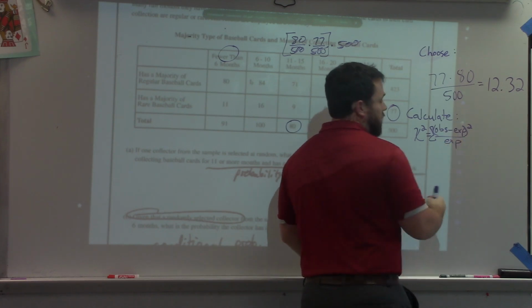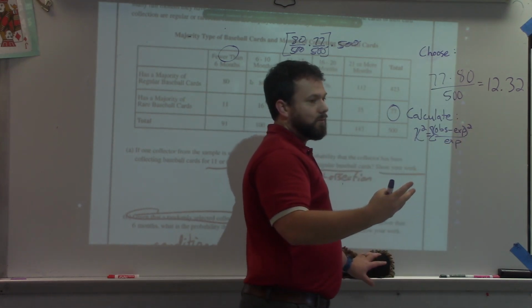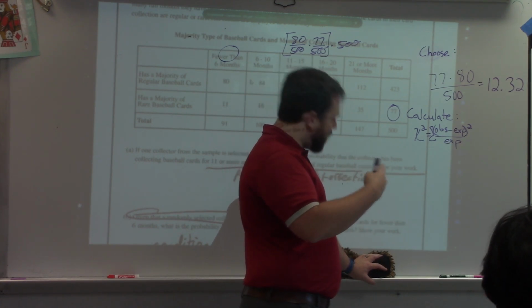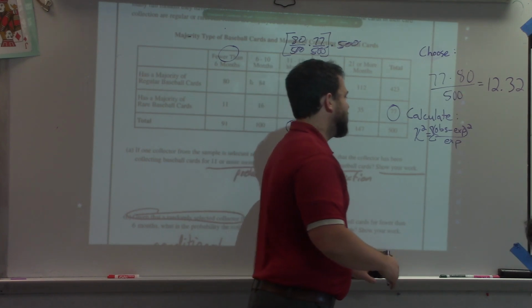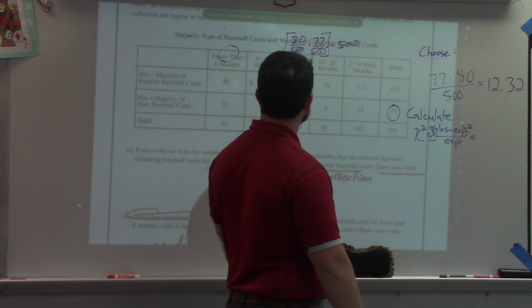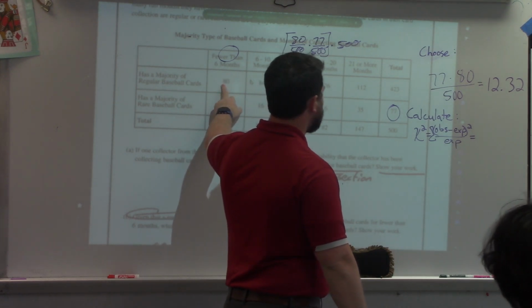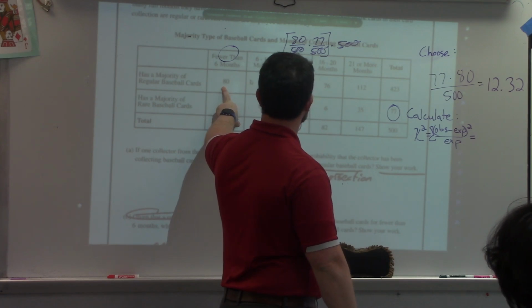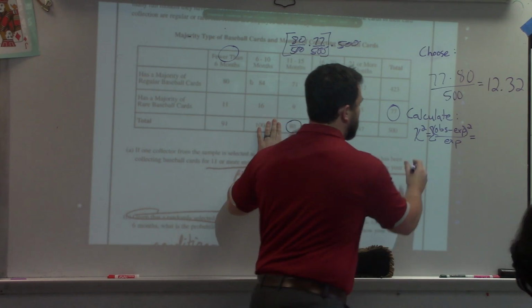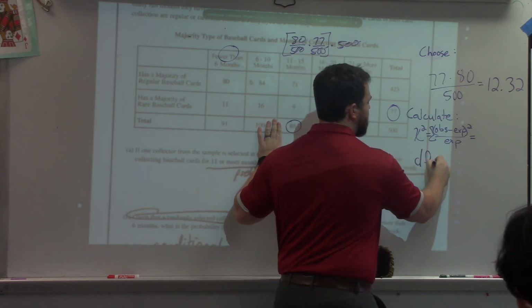Where else can I find that formula? That formula sheet is really hard to access, and it's better just to memorize it. You're gonna need your expecteds, so we might as well go ahead and run this in the calculator.